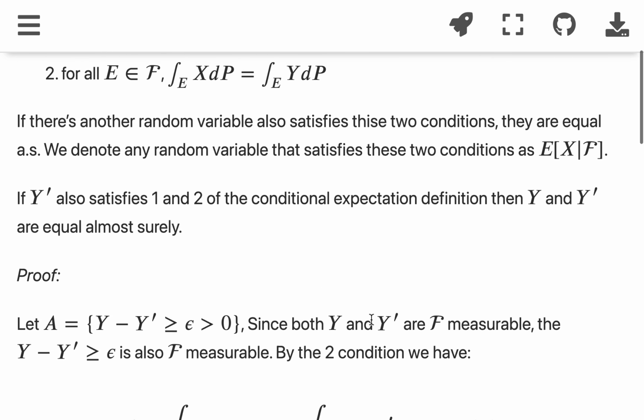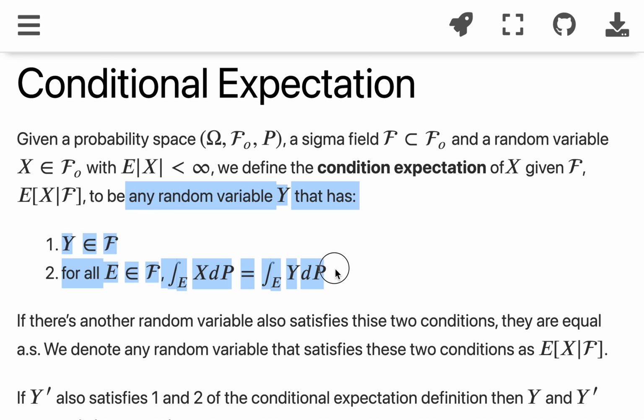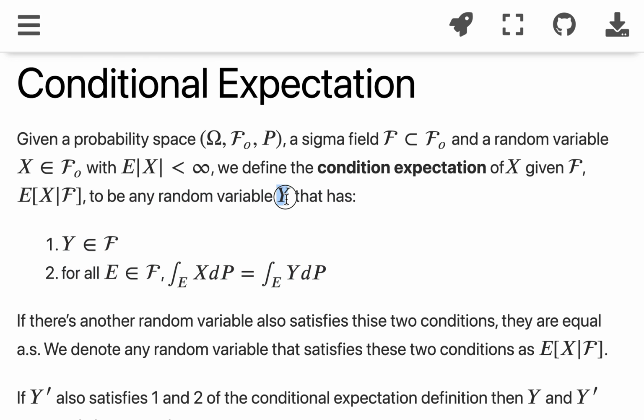So the next thing we want to see is, we define conditional expectation very intuitively. This is how we define conditional expectation. But why does this conditional expectation exist? How do we know that there always exists a y?